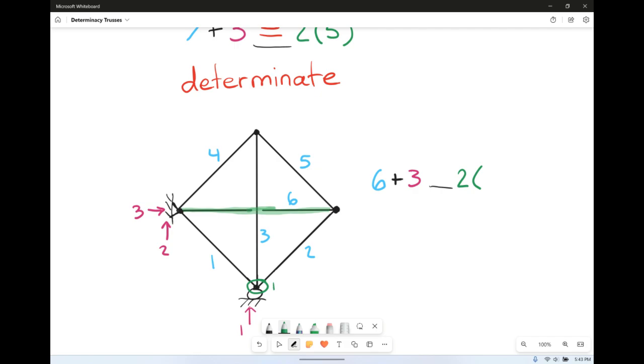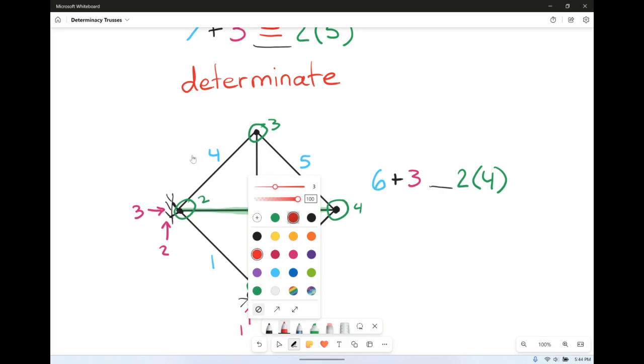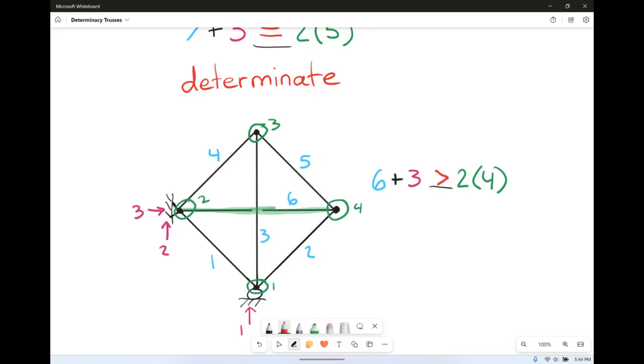So we've got 1 at the roller, 2 at the pin, 3 at the top, 4 at the side. So that's only 4. So 9 compares to 8 as being too many. So this is indeterminate. This is an indeterminate truss.